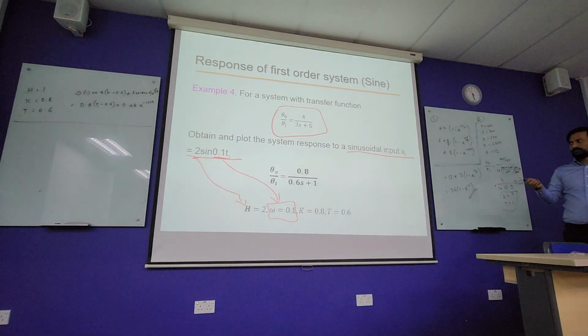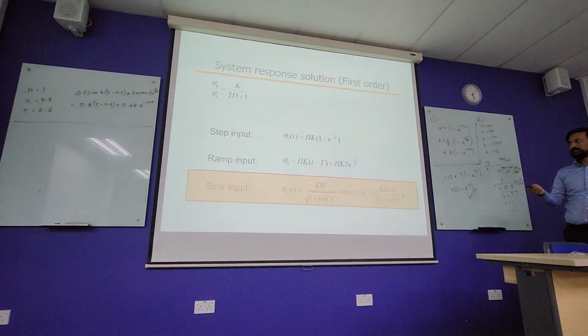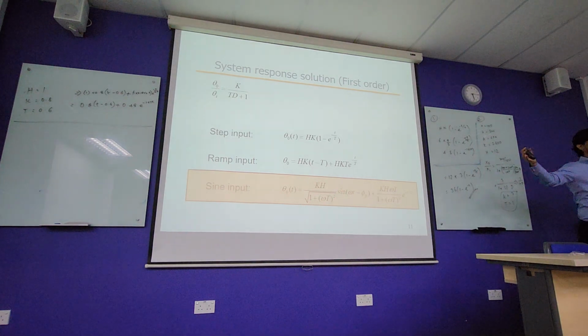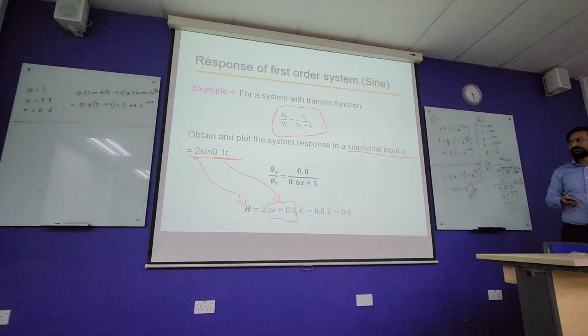This says what type of input it is, sinusoidal or sine input, then we get H and omega. Then we follow the sine input formula to get the response. Of course it will be expanded, so substitute all the values and we can get it.